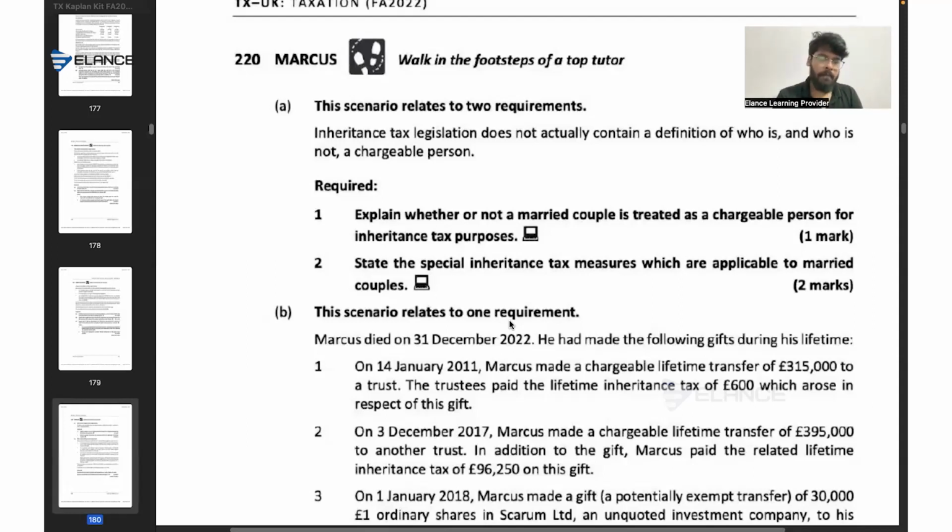That is the first measure. The second is that they can transfer the nil rate bands, the normal nil rate band and the lifetime nil rate band, between them.